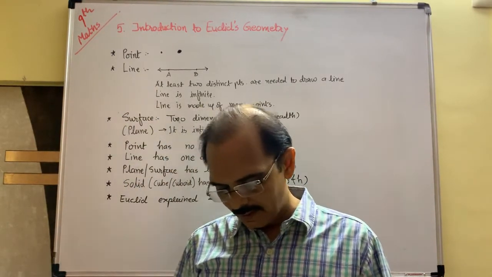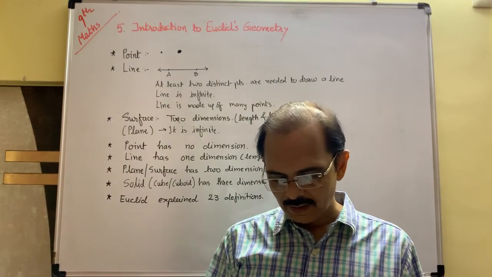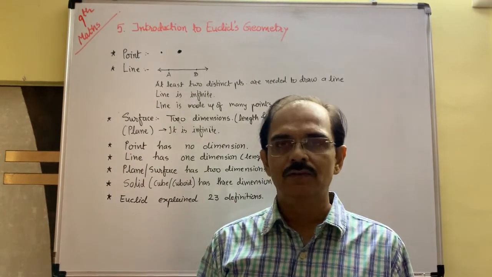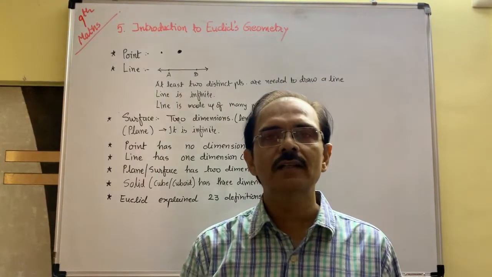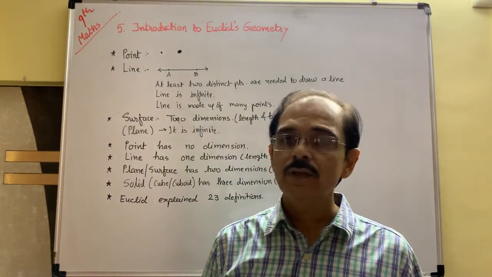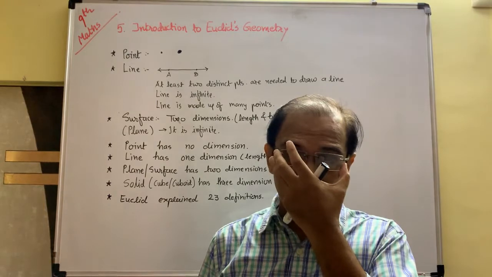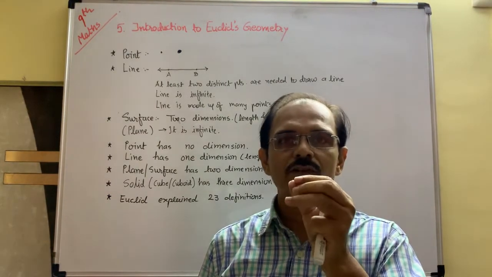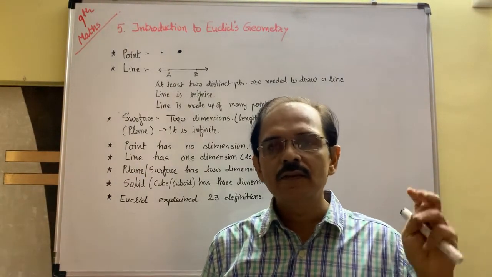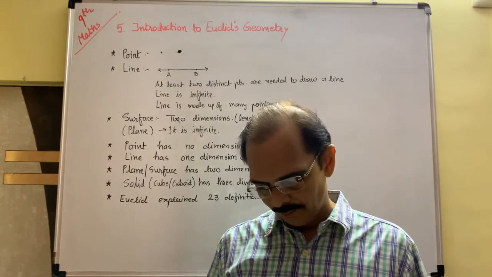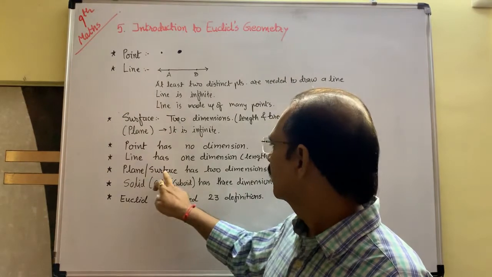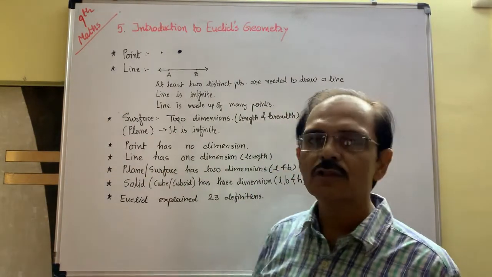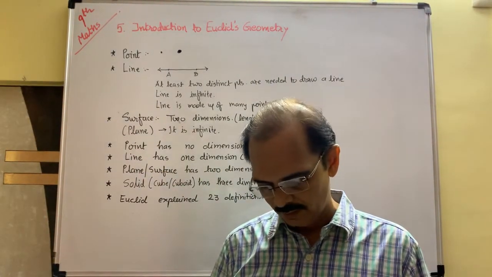A straight line is a line which lies evenly with the points on itself. Means if 2 points are there, by joining these 2 points we can get a straight line. Language is totally different. Why? Because this is not the language of today's era. This is the language of history. A surface is that which has length and breadth only. Plane or surface has length and breadth, means only 2 dimensions.